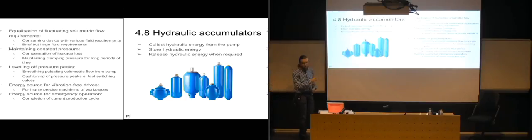And you can do that using accumulators. So if you have designed it correctly, you will have enough pressure and flow to run all of the system until all of the workpieces that have begun production are finished. So that's one of the uses.